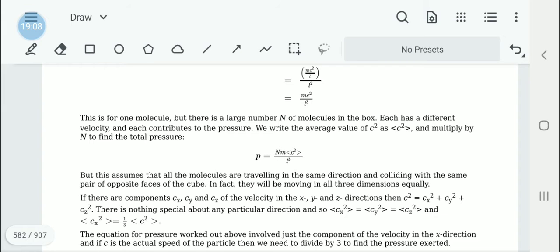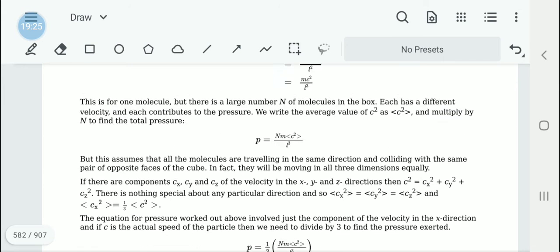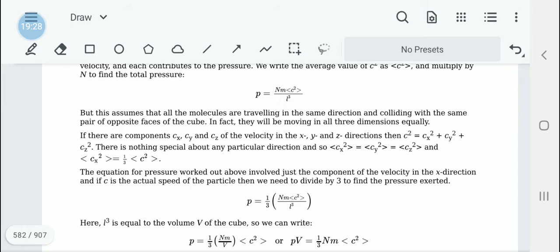The average value of c squared is written in this manner, and then we multiply that by N to find the total pressure. N is the number of molecules. Then we get an equation: P equals N m average of c squared divided by L cube, right?